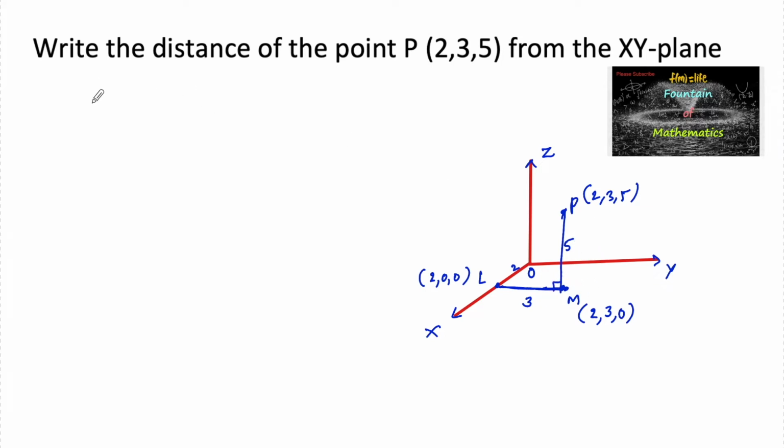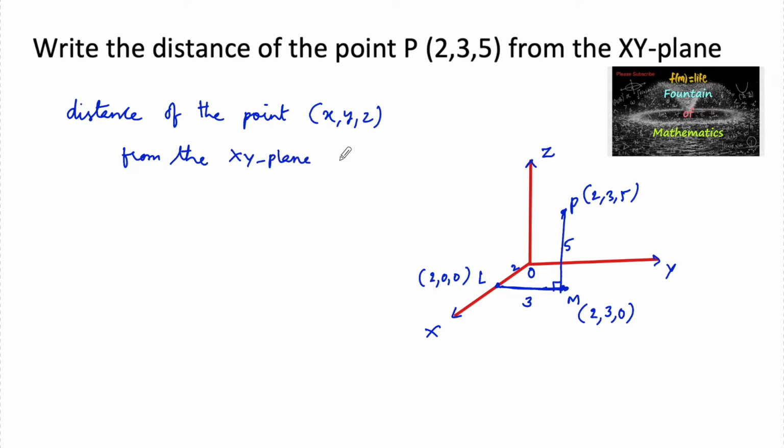So any point, say (x, y, z), the distance of the point from the xy plane is equal to mod z.